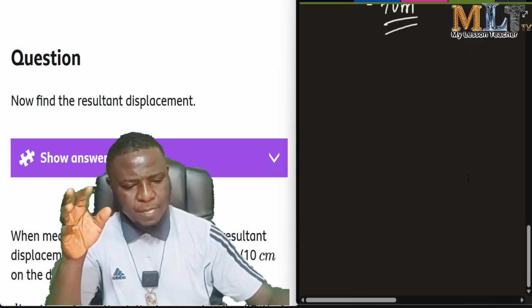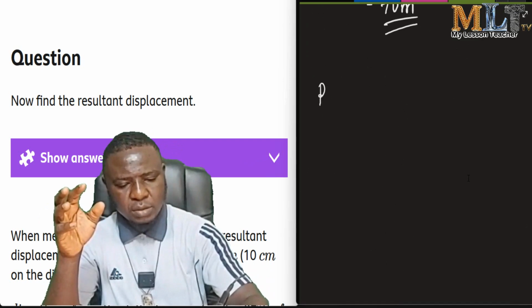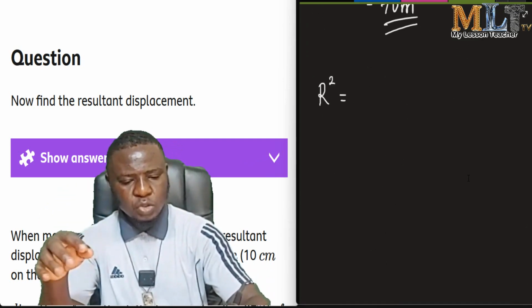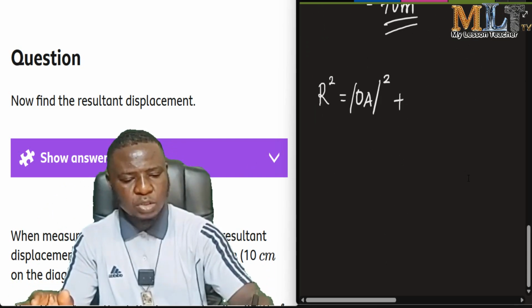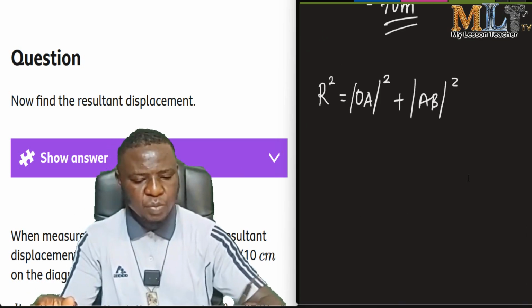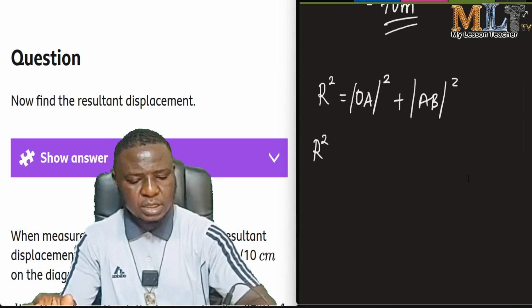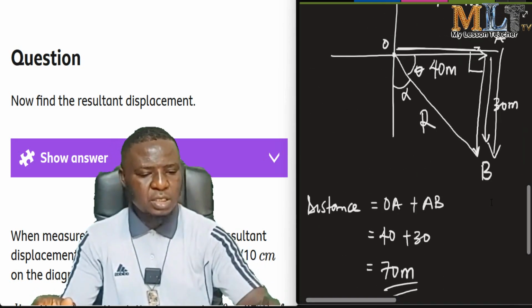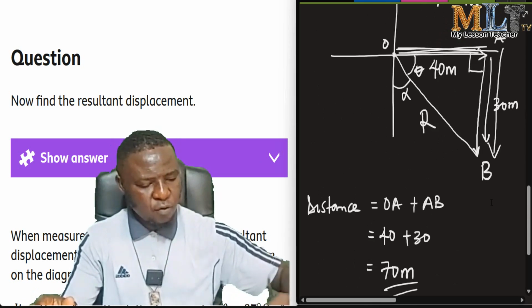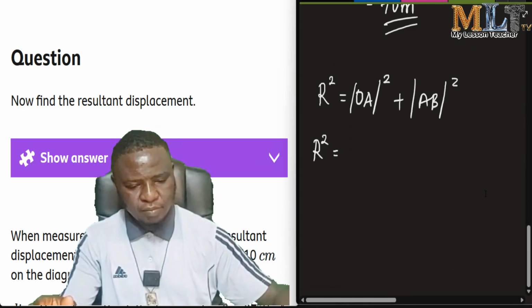So if that is r, it therefore means that r squared is equal to OA squared plus AB squared. OA squared is this distance, and that is 40 meters.